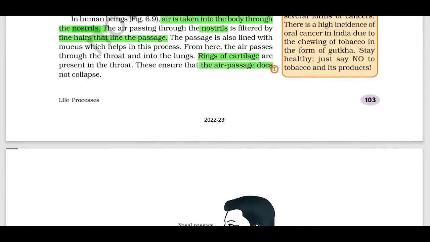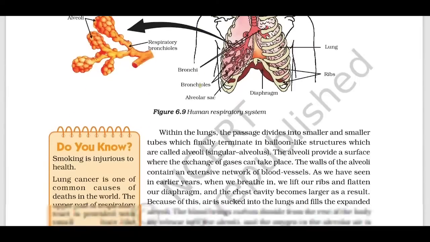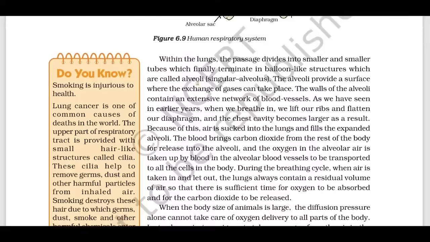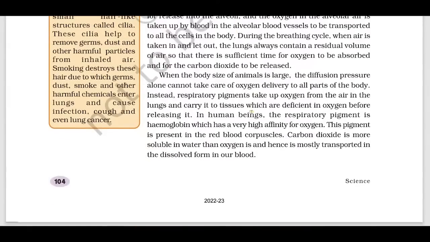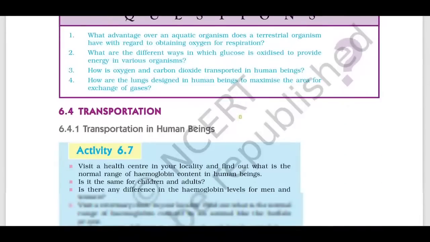It ensures that the air passage does not collapse. Also the function of alveoli, and how oxygen and carbon dioxide are transported in human beings. Very important question.